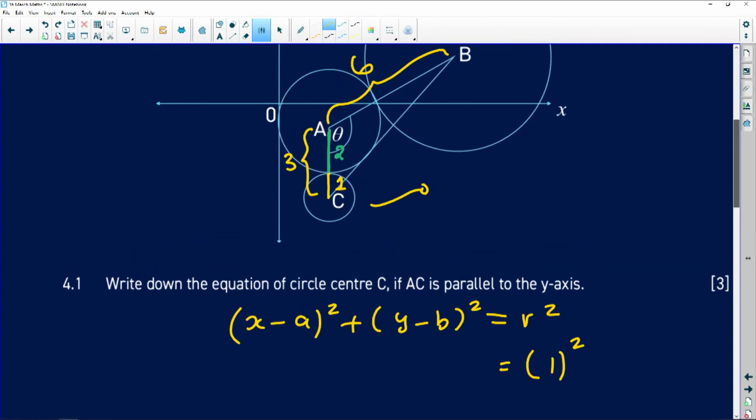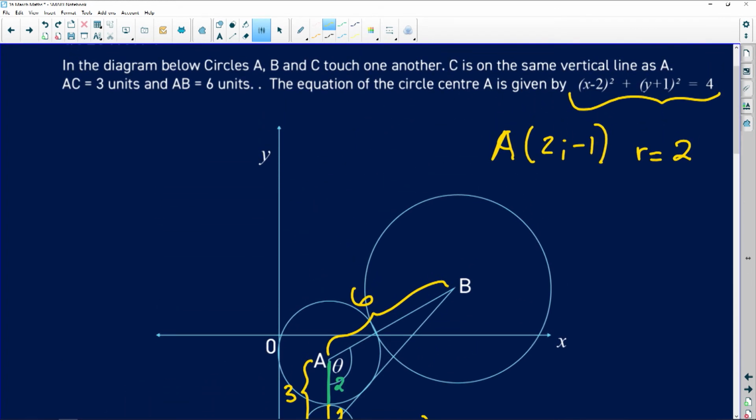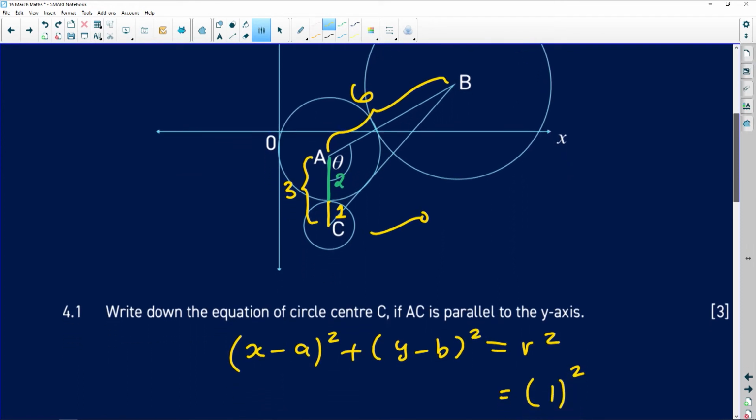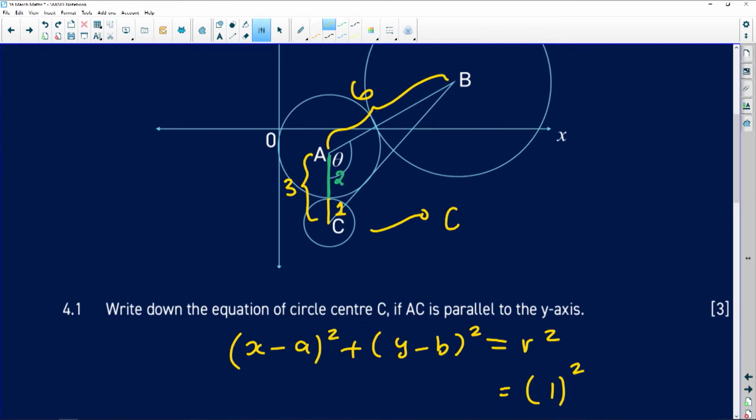So the x value at A will be the same as the x value at point C, because C lies directly below point A. We analyzed from that equation at the top that the x value at A is simply positive 2. That means anything below point A will have the same x value, which means the coordinates of C are going to be 2 and something else.